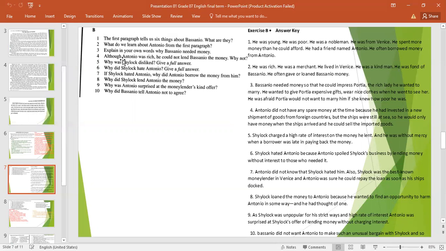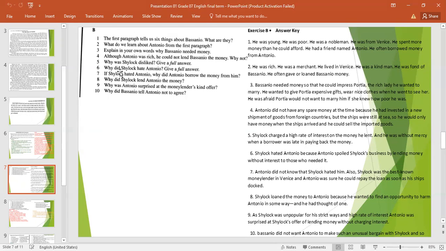Question four. Although Antonio was rich, he could not lend Bassanio the money. Why not? The answer is Antonio did not have any spare money at the time because he had invested in a new shipment of goods from foreign countries, but the ship was still at sea, so he would only have money when the ships arrived and he could sell the imported goods.